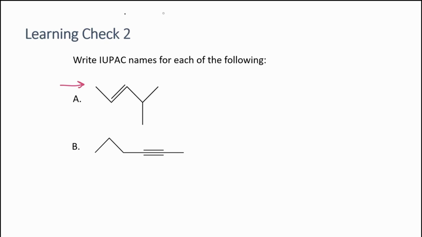The longest carbon chain in structure A contains 1, 2, 3, 4, 5 carbon atoms. So I will start with the alkane name. This is an alkene, but I will start with the alkane name because that's what we know. If there are 5 carbons in a carbon chain, if it's an alkane, we name it pentane.